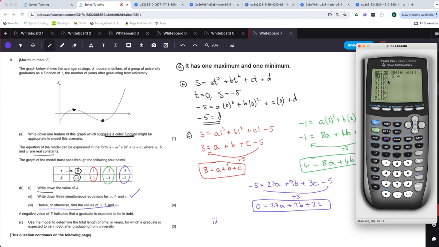So second matrix, and we're going to go across to edit. And we just hit enter. And then we have to have a 3 by 4 matrix. Now the way that this works is, we're going to put in our numbers, okay? So the first number corresponds to the number in front of the A here, which is A1.